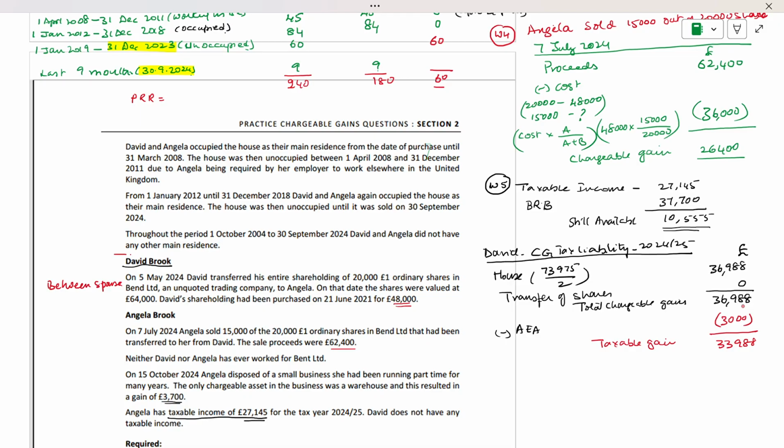Check. 18% and 24%, sir. Are they at the lower rate or the higher rate? 33,988, so at the lower rate, 18%.